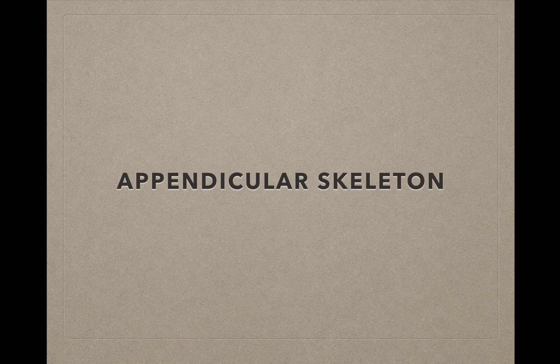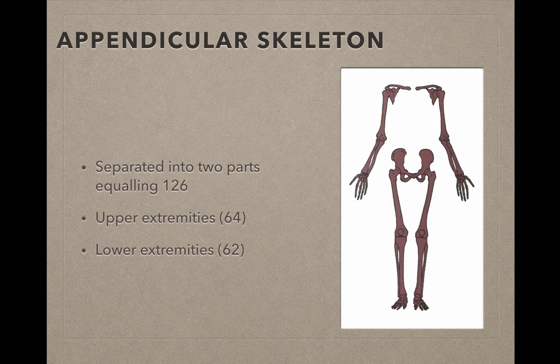The second part of the human skeleton is the appendicular skeleton. The appendicular skeleton is separated into 2 parts, totaling 126 bones. The upper extremities contain 64 bones, and the lower extremities contain 62 bones.